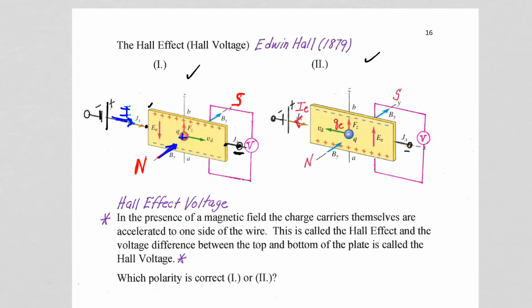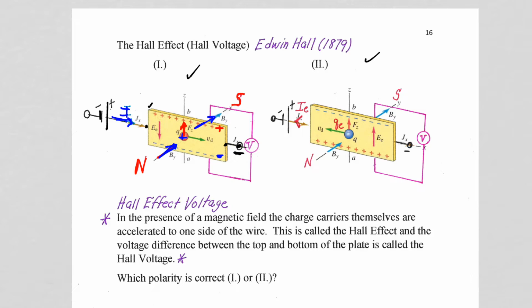And now, when we very carefully do QV cross B, we get a thumb up. So we would have positive charge up here, leaving negative at the bottom. And if we put a multimeter to measure the voltage between the top and the bottom, we would measure the voltage between those 2 points.